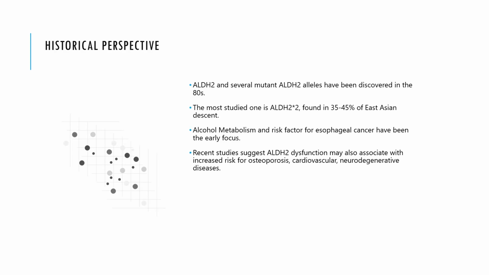Aldehyde dehydrogenase 2 is only one of the many members of the aldehyde dehydrogenase family, but it's the most effective in metabolizing aldehyde in our system, so that's what this presentation focuses on. The ALDH2*2 variant has been known since the 80s, but in the early days the focus was on its relation to alcohol metabolism and its being a risk factor for esophageal cancer.